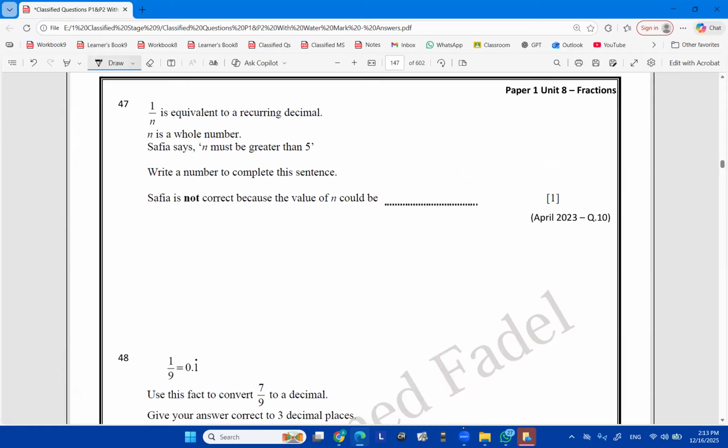Safia is not correct because the value of n could be 3, right? 1 over n to make it recurring can be less than 5. Well, mister, I can make it 1 over 3, right? And it is going to be recurring. That's why she is not correct. So the answer here, don't say 1 over 3. They want the n. The n could be 3.